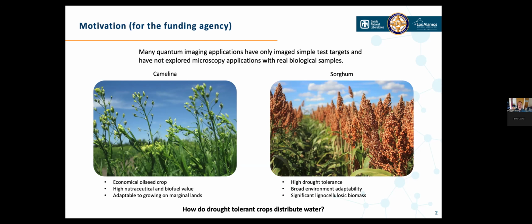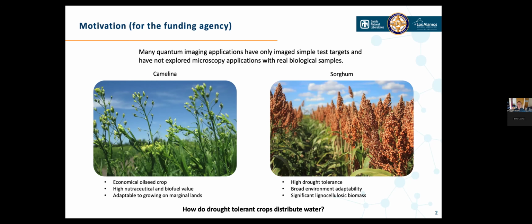My background is in optical microscopy, but the application space that we're really trying to target is imaging plant samples. Since my background's in physics, I'll talk a little bit less about the plant biology here, and I'll describe a little bit more about the physics of what we're doing.